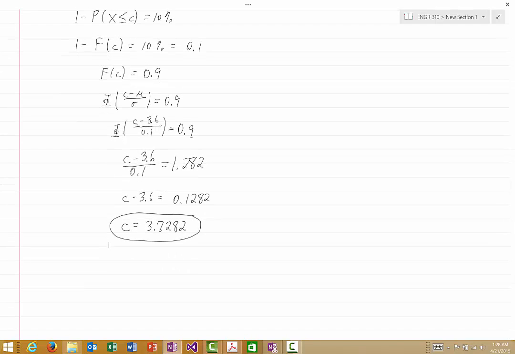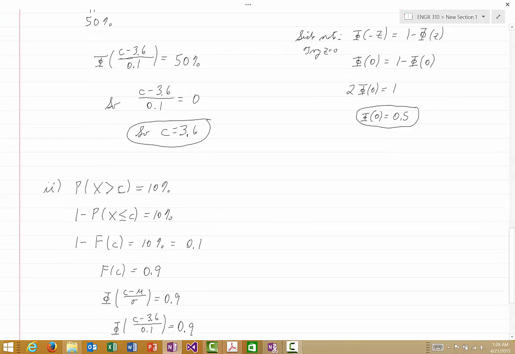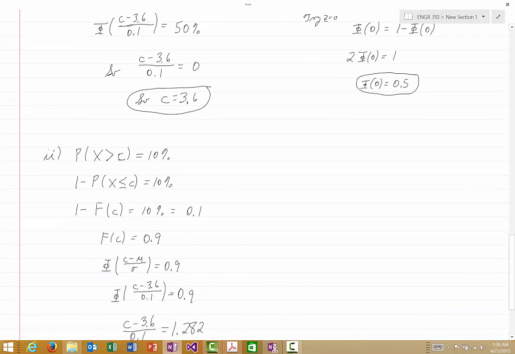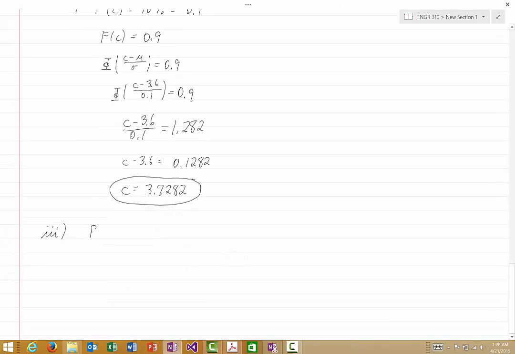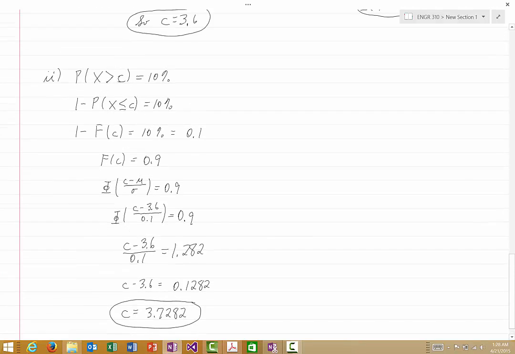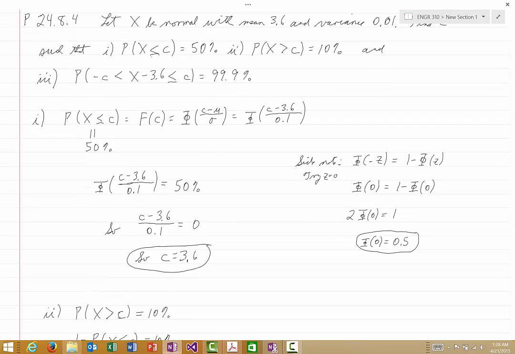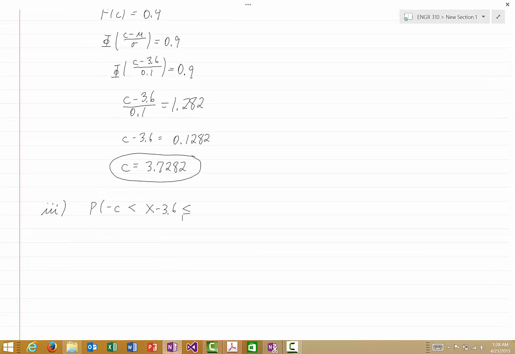Now, what about the third part of this problem? Here it says the probability that negative c is less than x minus 3.6 is less than or equal to positive c equals 99.9%.